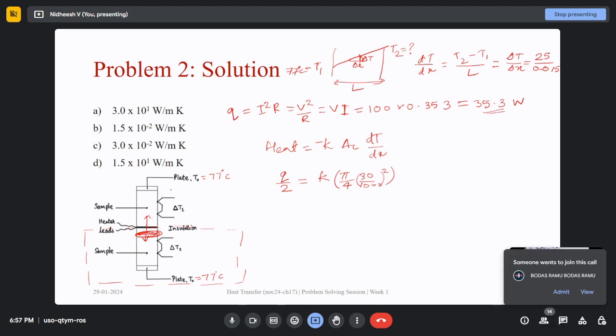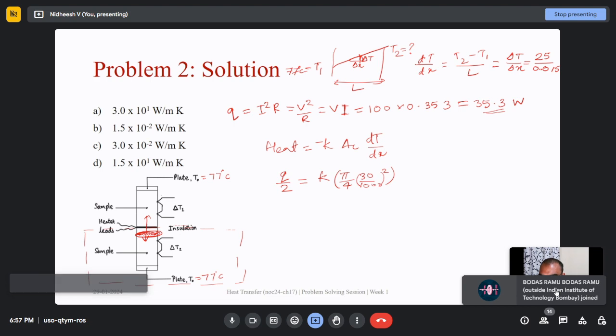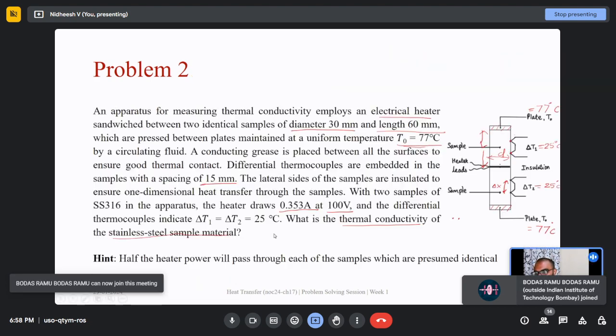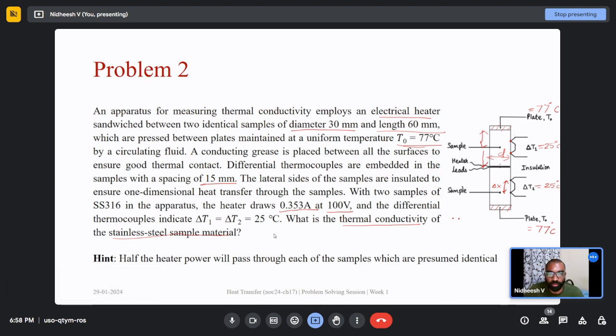Sir, I have one doubt. This 77, is it from the heater? No, we'll go back to the question. What is 77? 77 is the temperature of a plate at the end of this sample, which is maintained at 77 degrees Celsius using a circulating fluid flow.